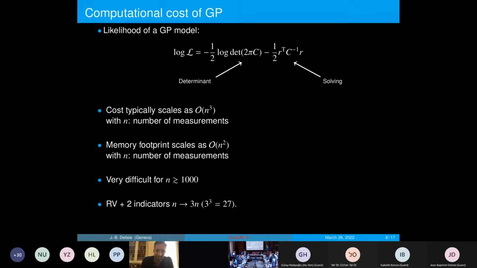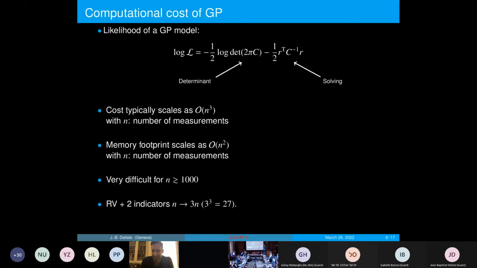So I was saying that the cost of evaluating the likelihood scales as the number of measurements cubed. So if you have a lot of measurements, it starts to be very intensive in terms of computations. And typically, I think a few hundreds or a few thousands of measurements start to be very hard to deal with such a model.